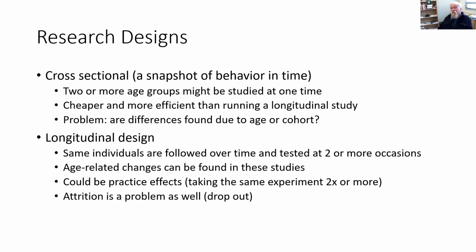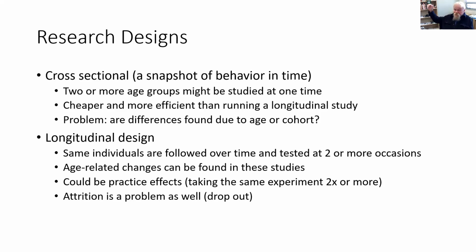Okay. Another problem with longitudinal designs, and this is a big one, is that sometimes the original participants don't want to be contacted again to do the study, okay? And so they'll be called dropouts. This is called attrition. So maybe you have 500 individuals in the first study, but then say 100 of those people don't want to participate again in your study. And so now you only have 400 at the second point of measurement, okay?